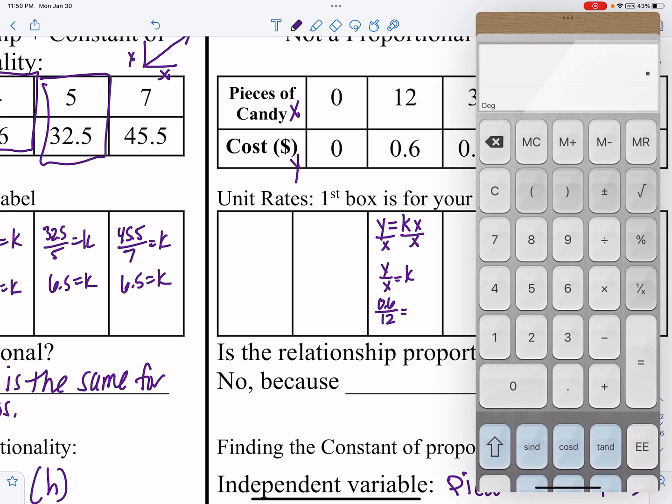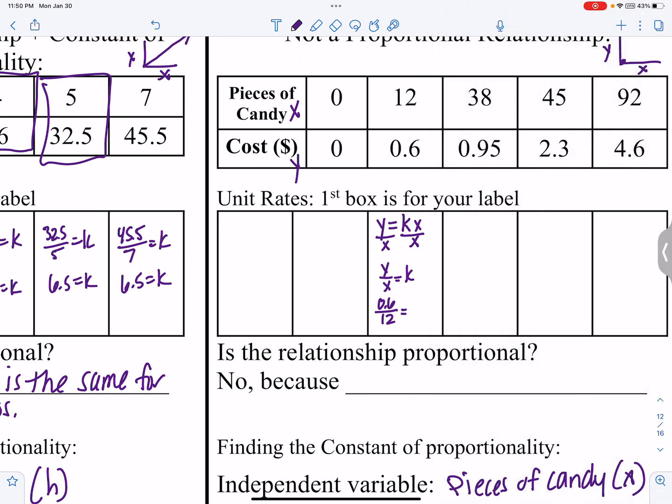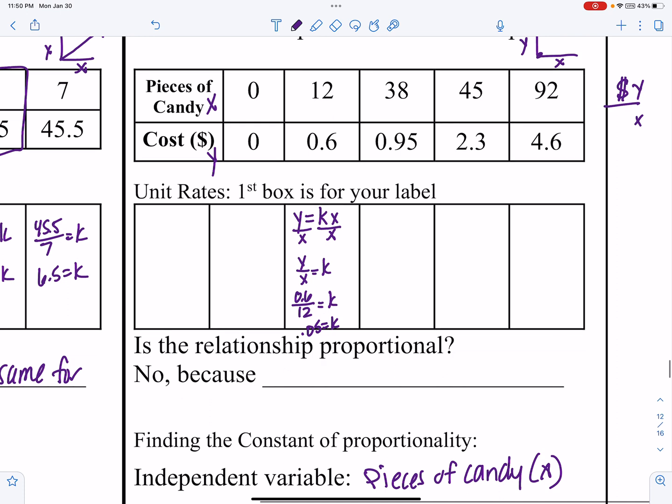It'll tell us what our multiplier is, or our COP. And so 0.6 divided by 12 equals 0.05. Okay, and so, oops, I shouldn't have written it there. So 0.05 equals my constant of proportionality. Now, if all the other ones are that, then this actually is proportional.